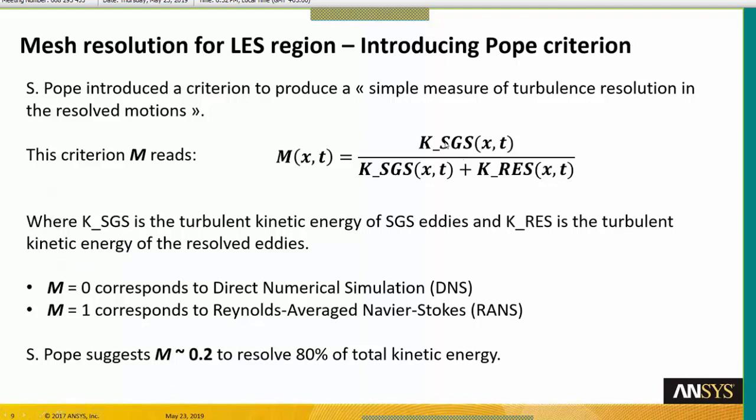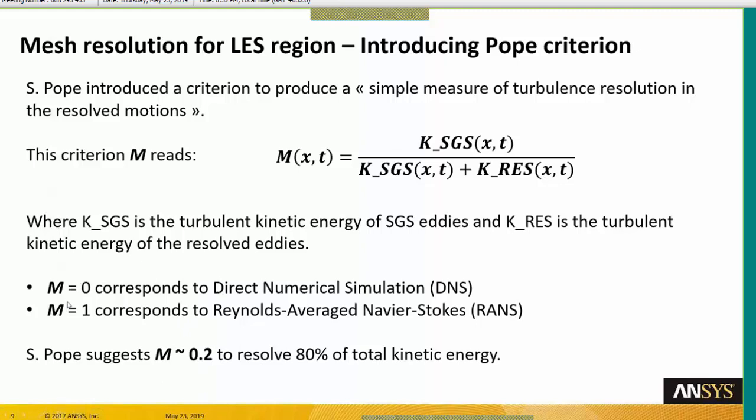It's a ratio between the turbulent kinetic energy of the subgrid scale eddies, so the modeled eddies, and the total kinetic energy, both from the modeled eddies and the resolved eddies. When you consider this ratio, Stephen Pope suggested some values which correspond to good resolution for your LES.